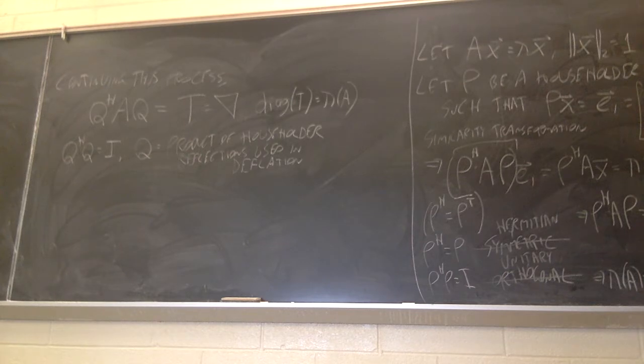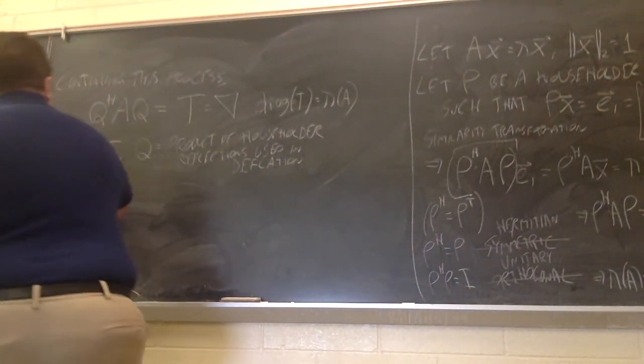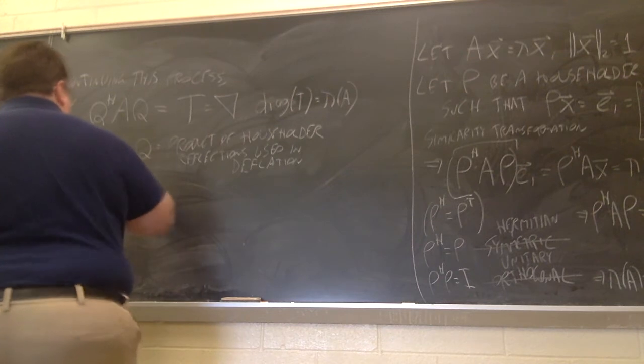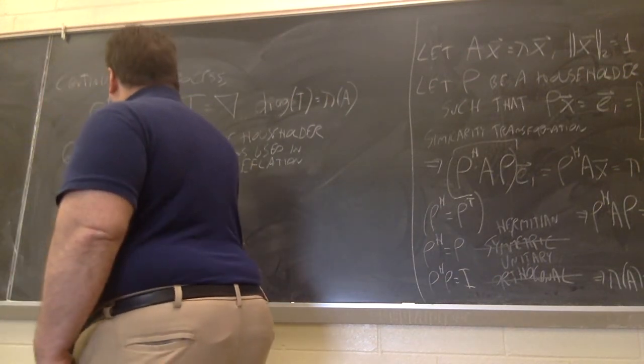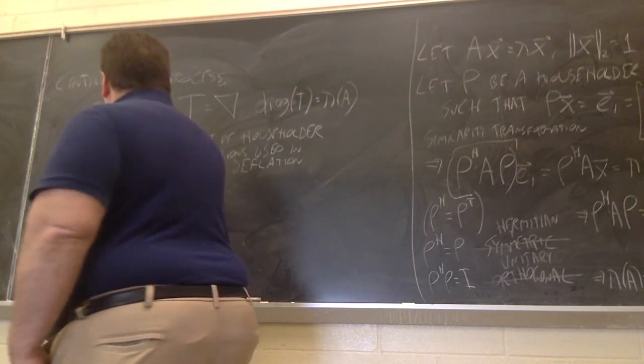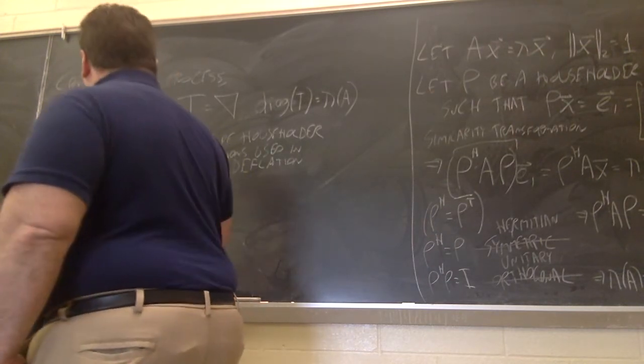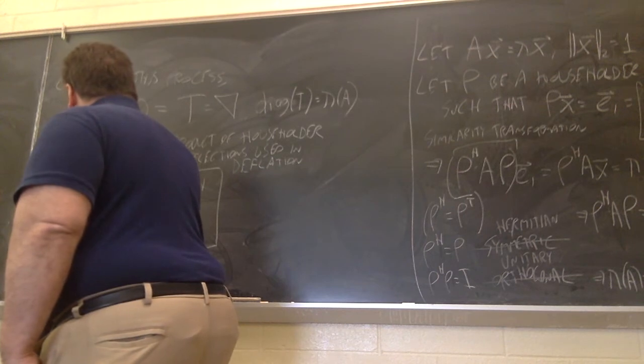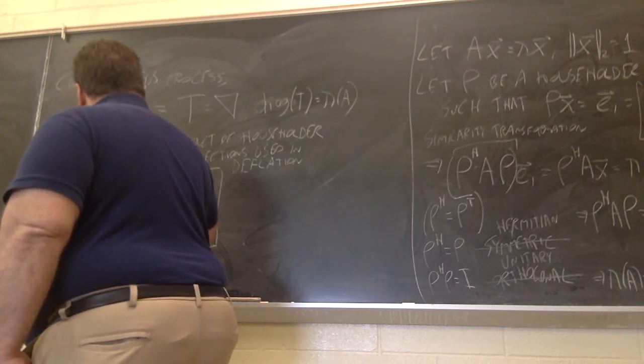We can reduce A to some upper triangular form that reveals what the eigenvalues are. And we can write it this way: A therefore has this decomposition, Q T Q Hermitian transpose. And that is called the Schur decomposition.